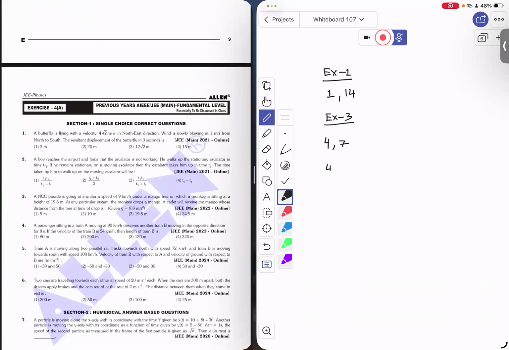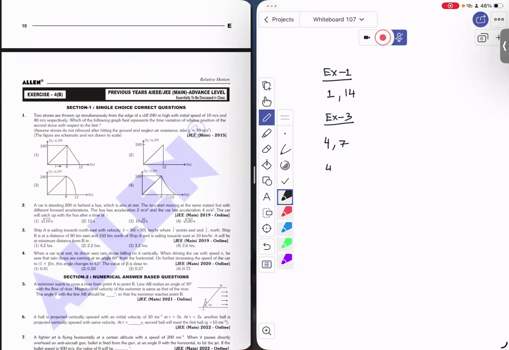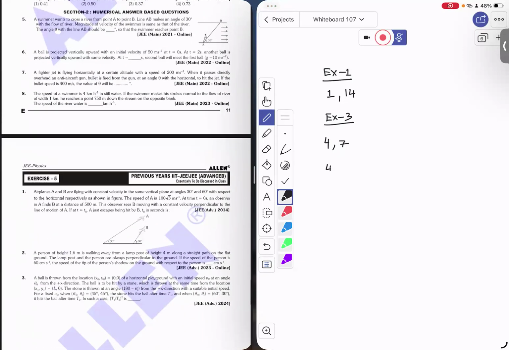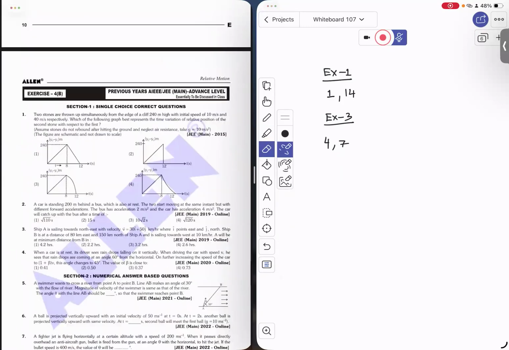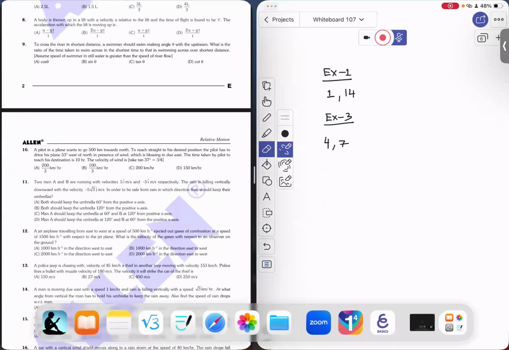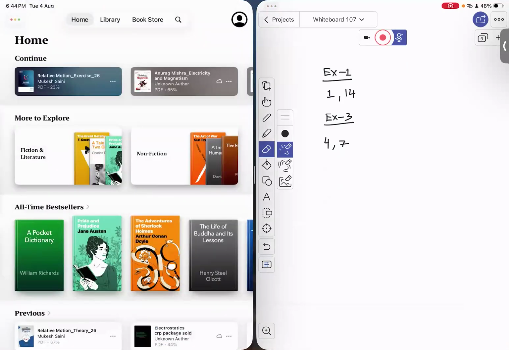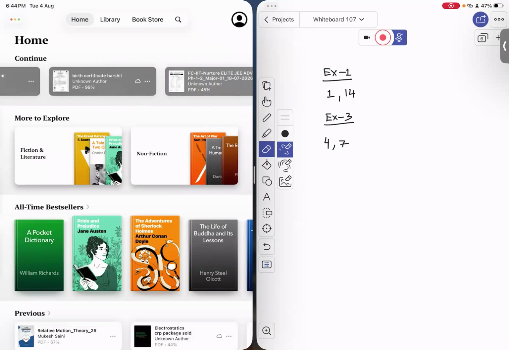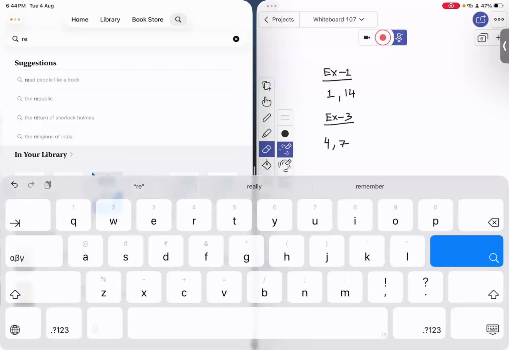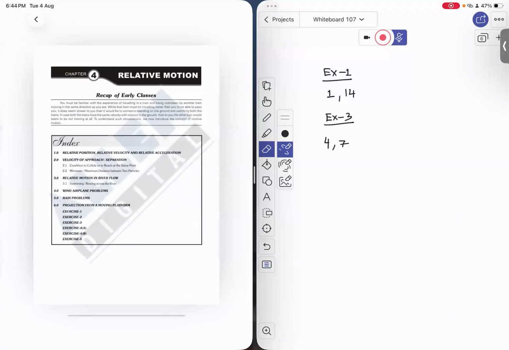Four A, no question. 4B, no question. Then beginner boxes are there some. Beginner boxes, just a moment. Beginner boxes are same as old module.